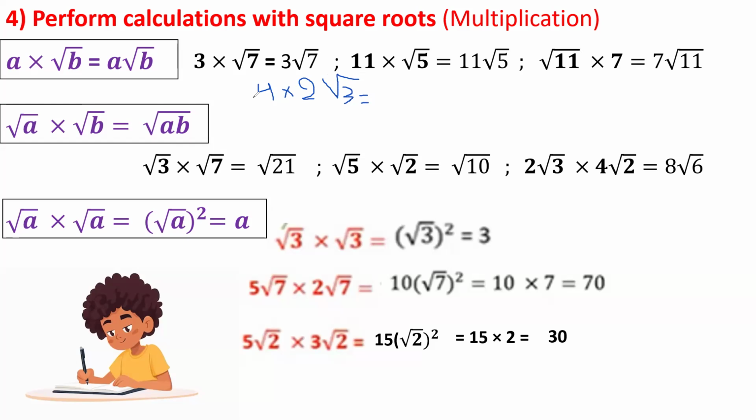We multiply the number with the coefficient. So we multiply 4 times 2, which is 8. So we write 8 as a coefficient, and we keep the radical 3 as it is. So if we have a number and a coefficient for the radical, we multiply the number with the coefficient. Now, let me erase this to continue.